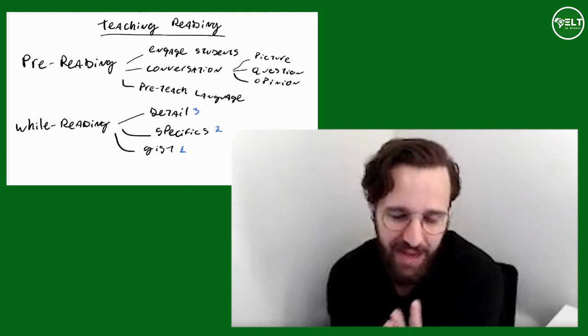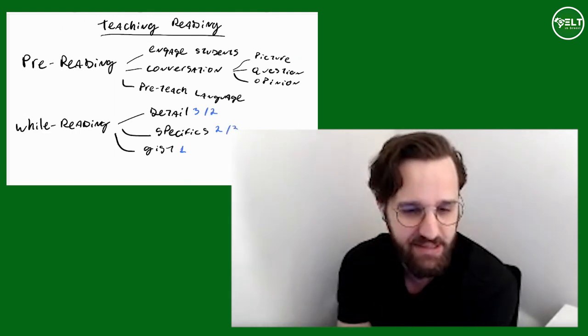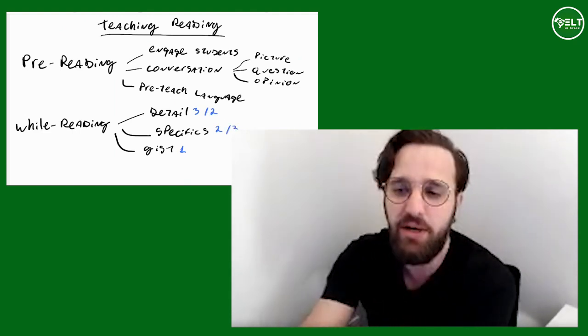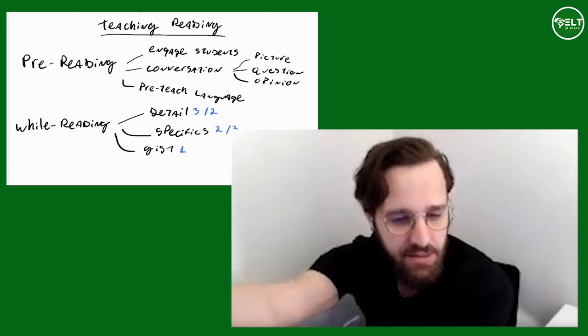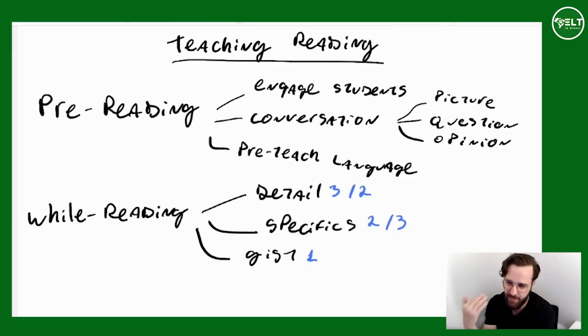Well, first, why while reading? Because these are tasks students will perform as they read the text. So as mentioned in one of the videos, a gist exercise is one that involves the students understanding the main idea, the whole of the text.